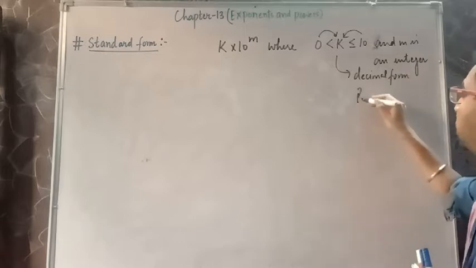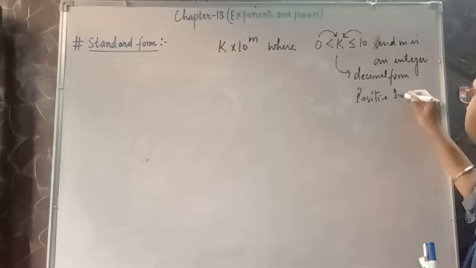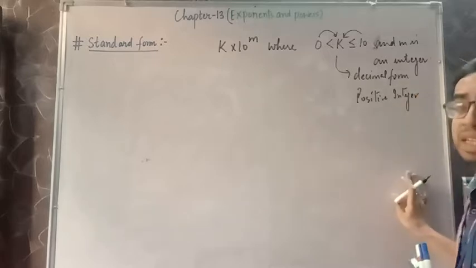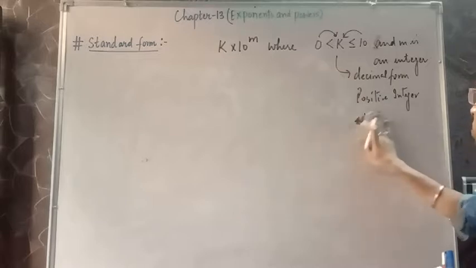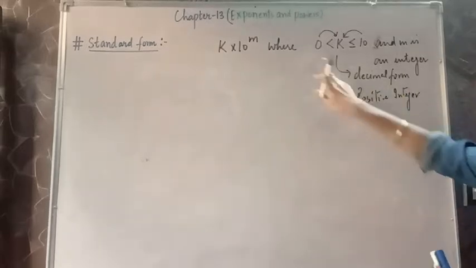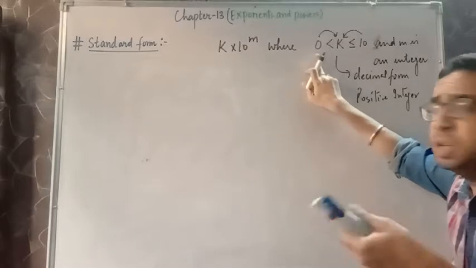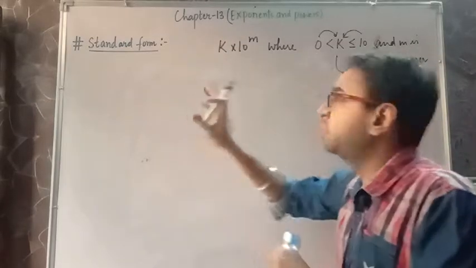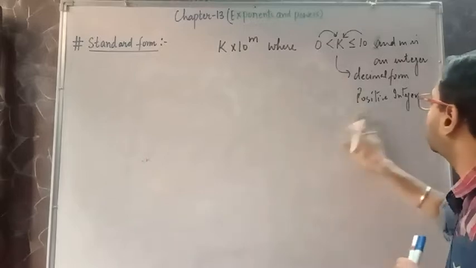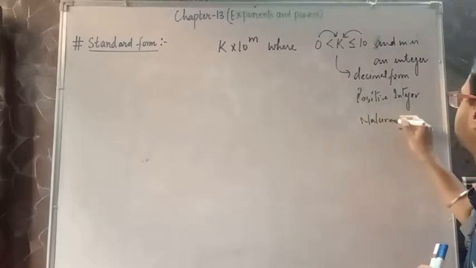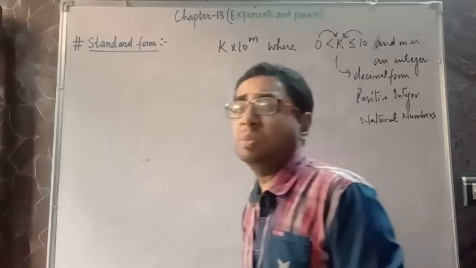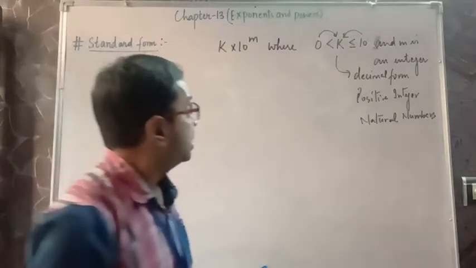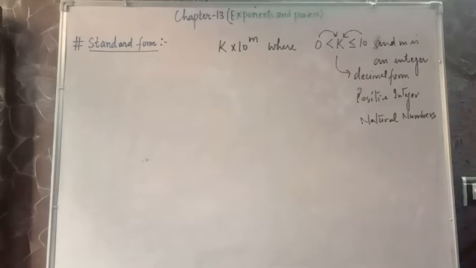And n has to be an integer: power can be negative also, power can be positive also. There is no barrier on that. Natural numbers are part of it, but 0 is not, because representing 0 into anything is 0, so the whole will become 0. That's why we are not considering 0. Any doubt anyone is having in this form? So let's take an example based on this.